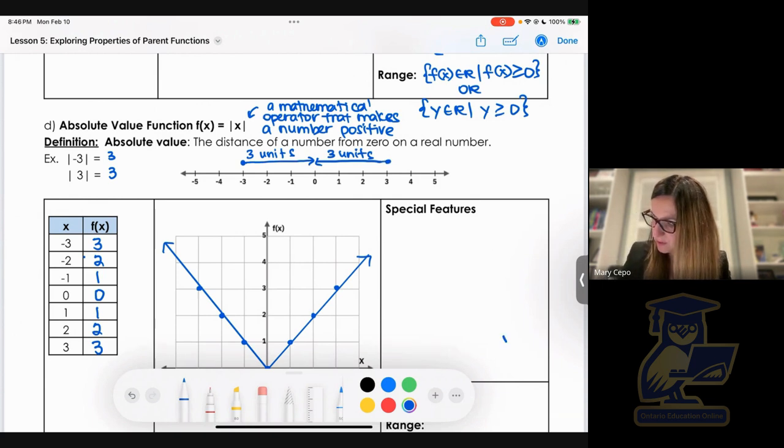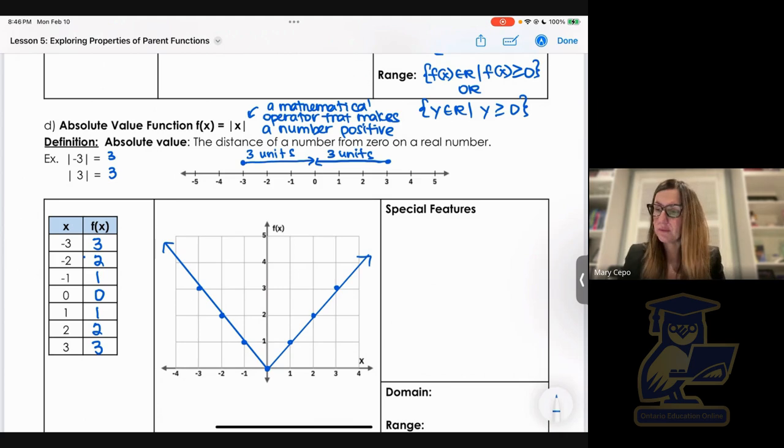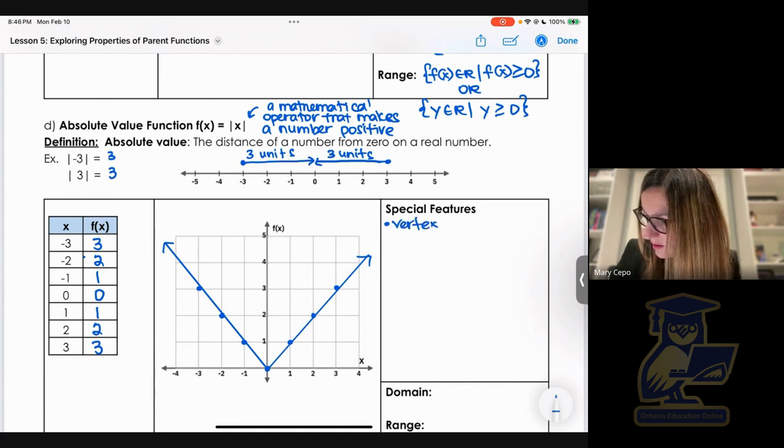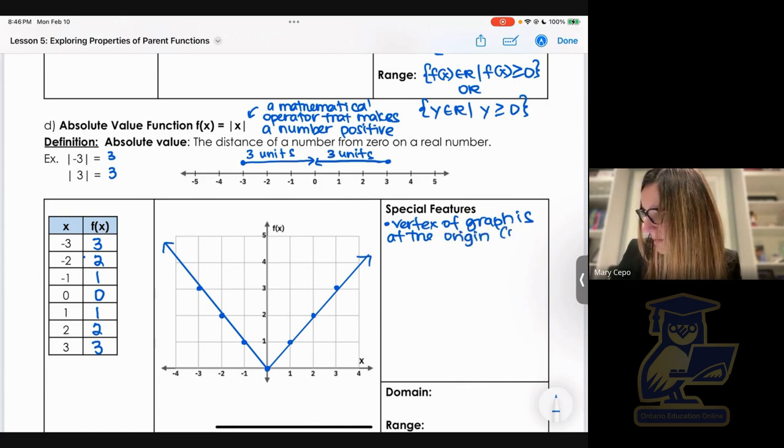Okay, so what are some special features? Now, like the quadratic function, the absolute value function also has its vertex at the origin. So the vertex of the graph is at the origin. This is also a symmetrical graph.